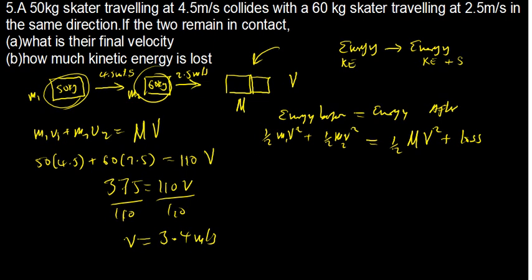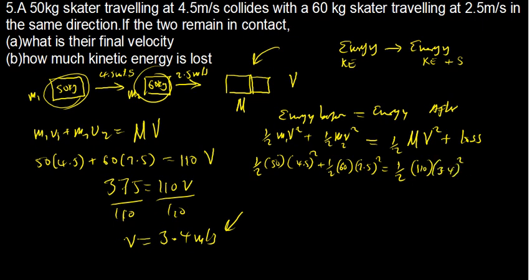Initially the first ball is half, the first mass is 50, moving at 4.5 meters per second, so we square that, plus half, the second ball, the mass was 60, moving initially at 2.5 squared, and that should be equal to half, the combined mass is 110, and both of them are moving at the velocity of 3.4 squared, plus the loss, which we don't know.